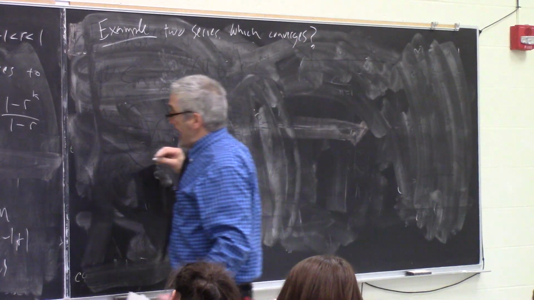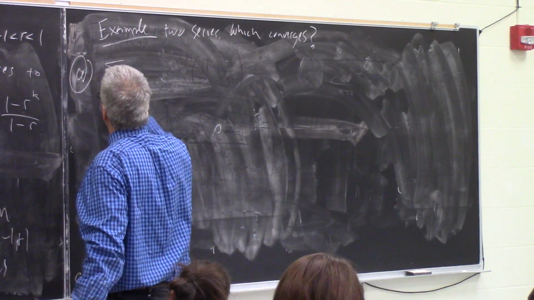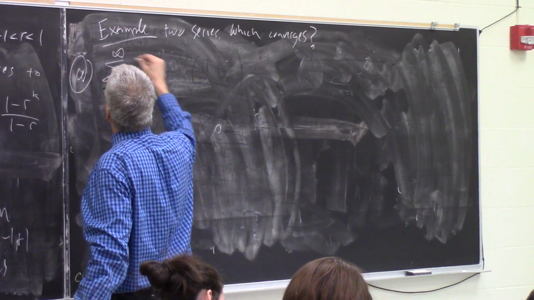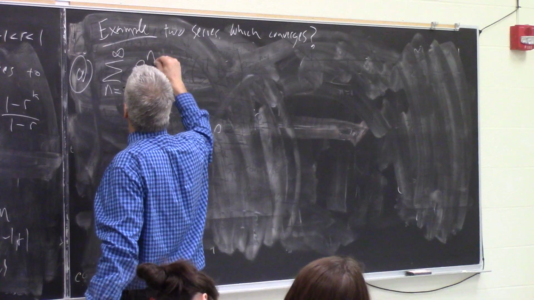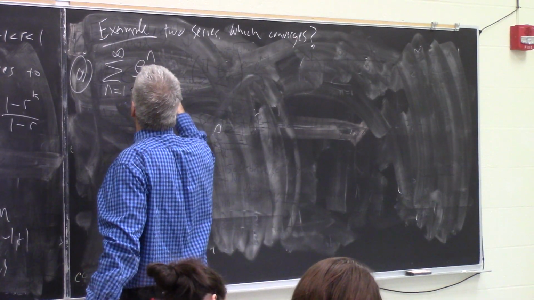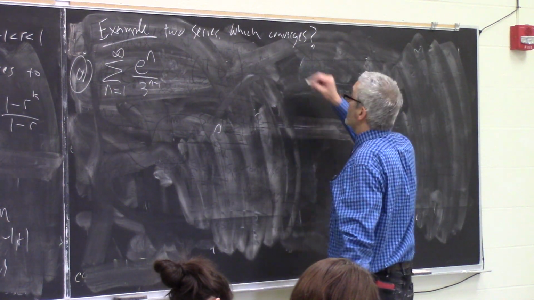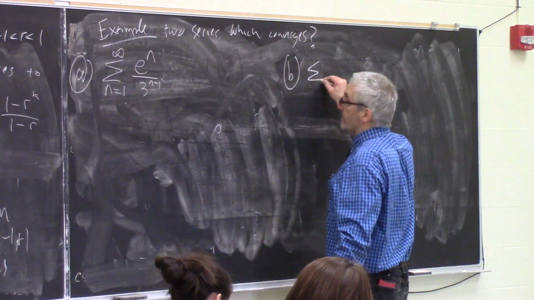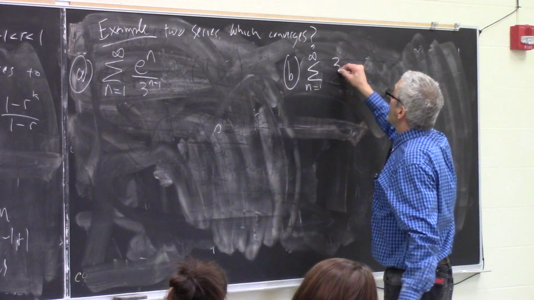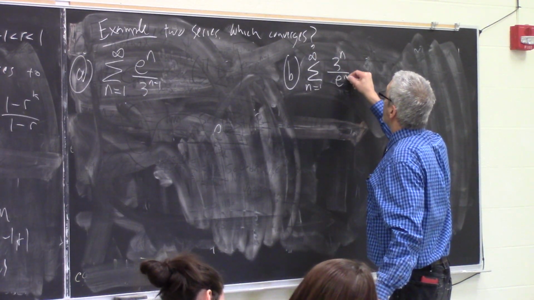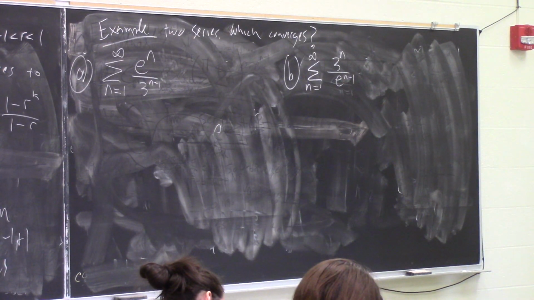So series A is the sum as n goes from 1 to infinity of e to the n over 3 to the n minus 1. And over here, series B is the sum as n goes from 1 to infinity of 3 to the n over e to the n minus 1. So one of these converges and one of these diverges.